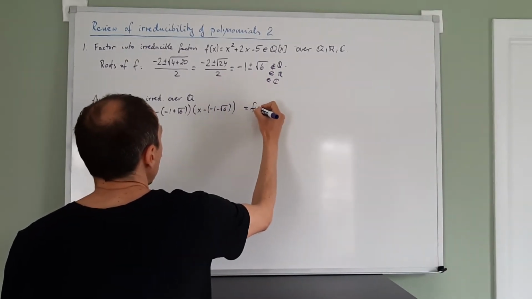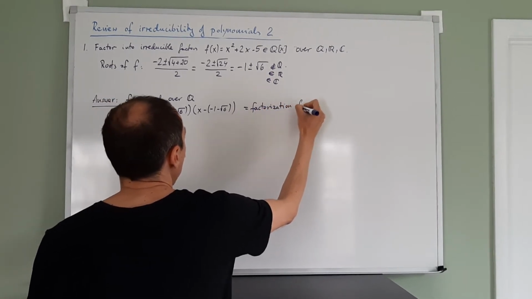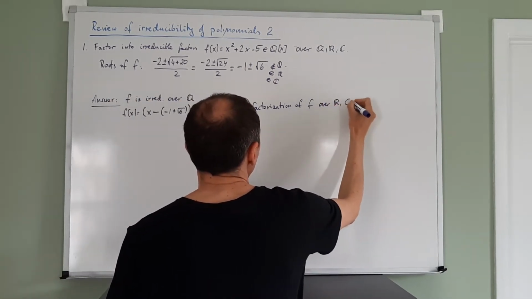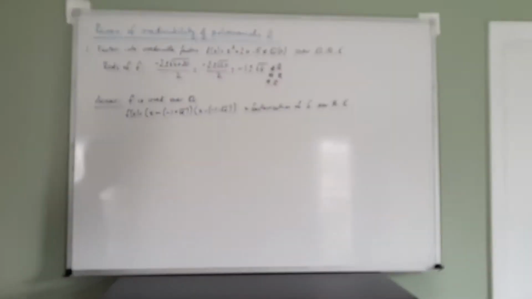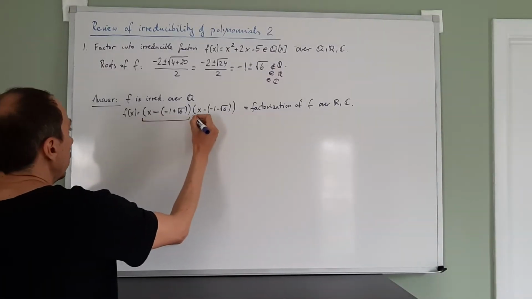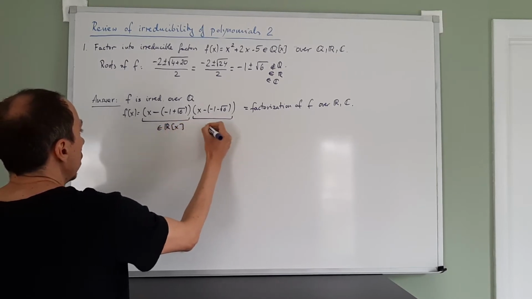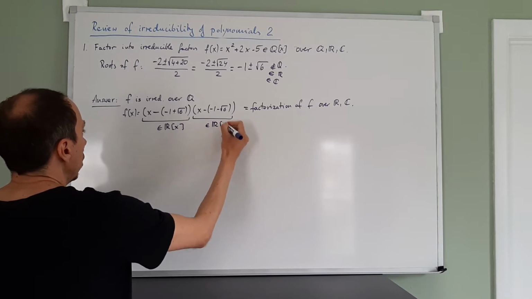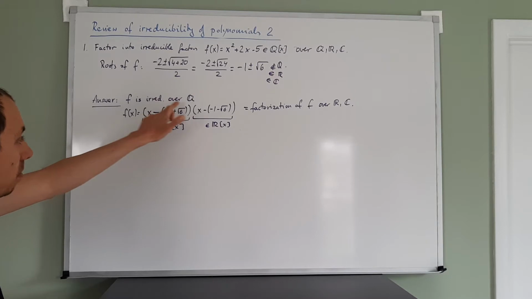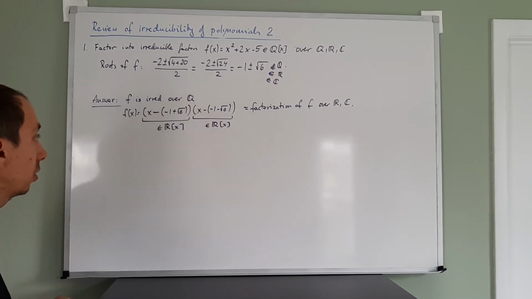So this is the factorization of f over R and over C. Why is it the factorization over R and over C? Well, first of all, the factors have to live in the correct rings of polynomials. Note, the coefficients of this polynomial are 1, the coefficient at x, and then this number is the constant coefficient. Here again 1, and this number is the constant coefficient.